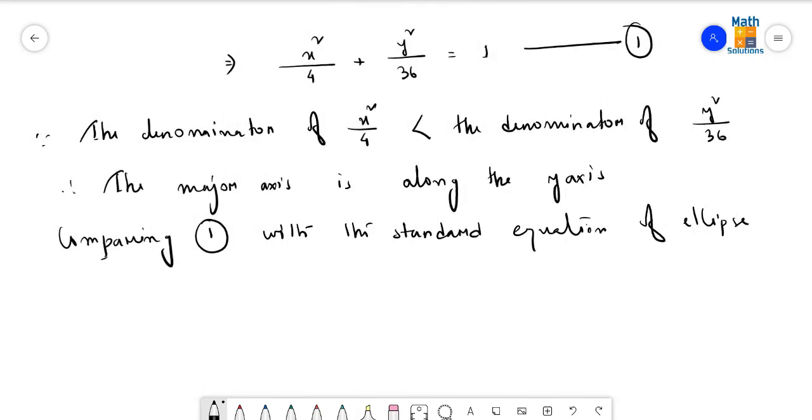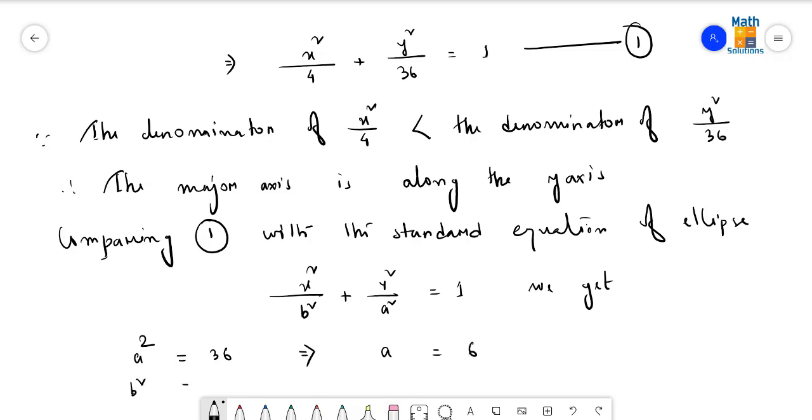Of course, the equation in which the major axis is the y-axis. So it will take this form: x square by b square plus y square by a square is equal to 1. We get a square as 36, where a comes as 6.